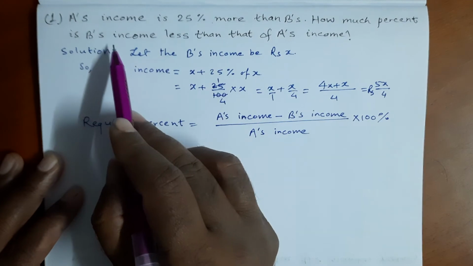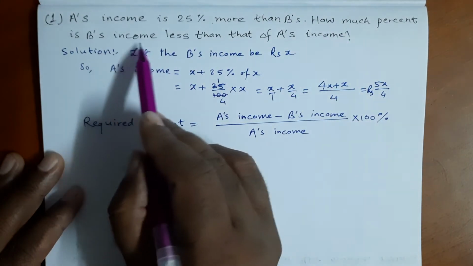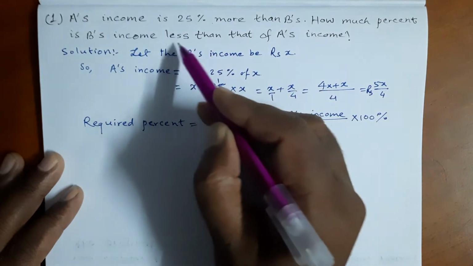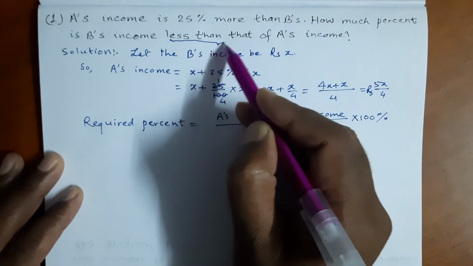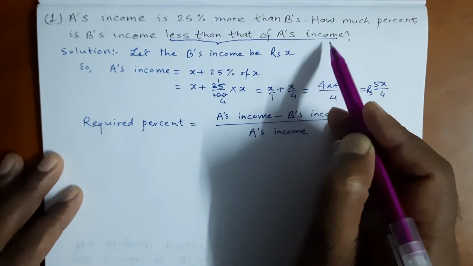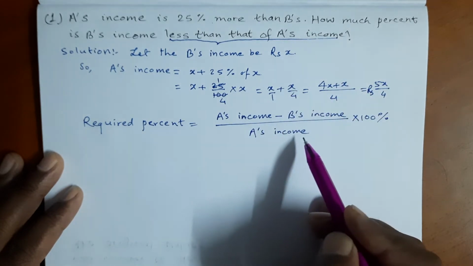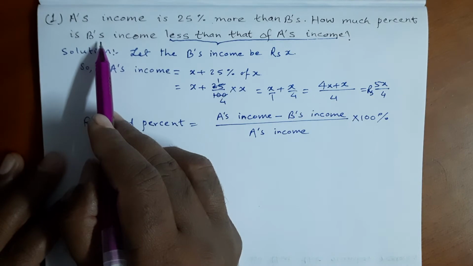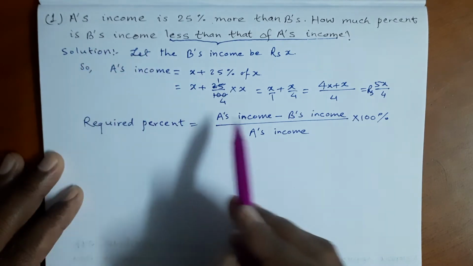Here, how much percent B's income is less than that of A's income, so in comparison to A's income, B's income is how much percent less, we have to find out.